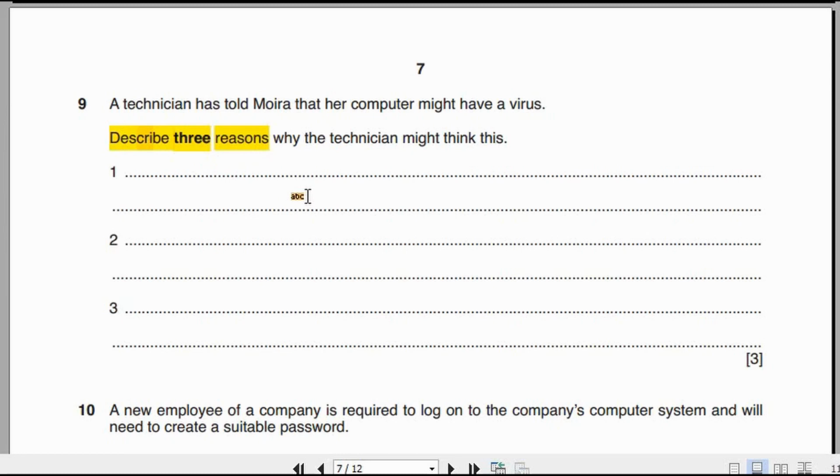One of the reasons can be that the system becomes slow, some of the files might be corrupted, or the operating system behavior is not normal, it becomes abnormal.